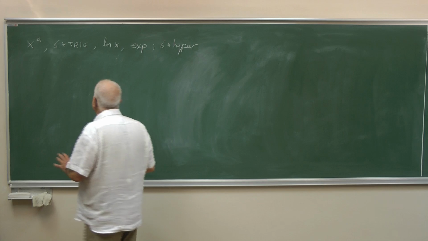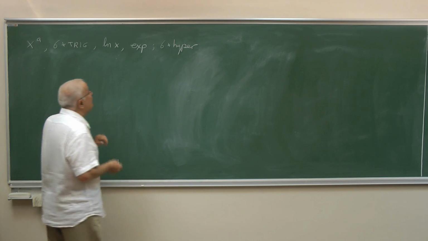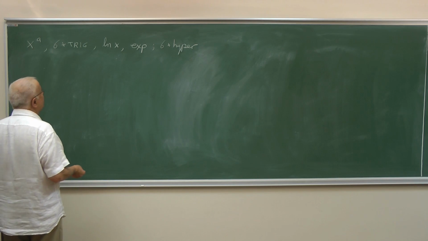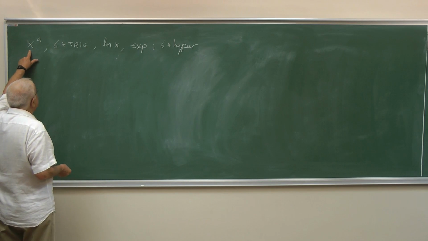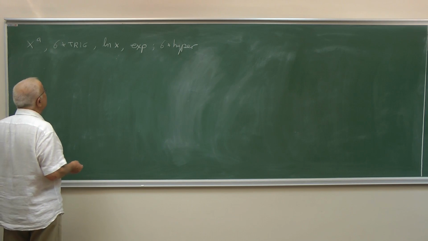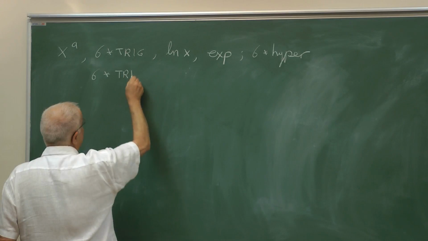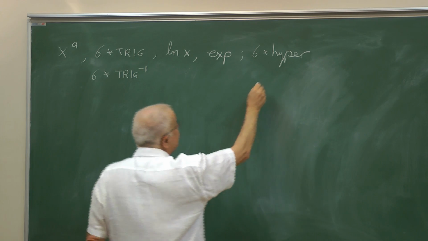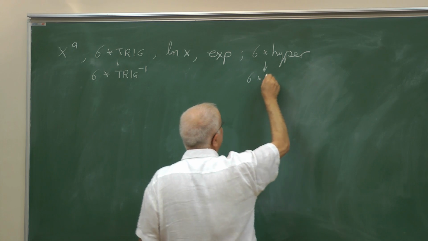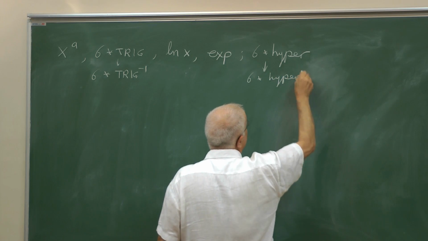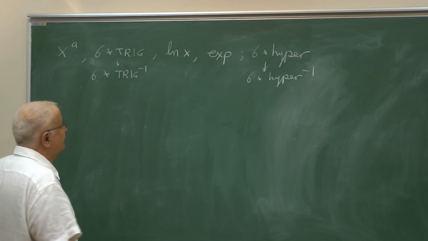Then we realize that ln x and exponential are inverse functions of each other. The power function is its own inverse function, but we should have 6 inverse trigonometric functions and 6 inverse hyperbolic functions. So that's 27.